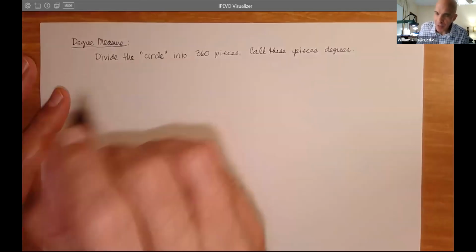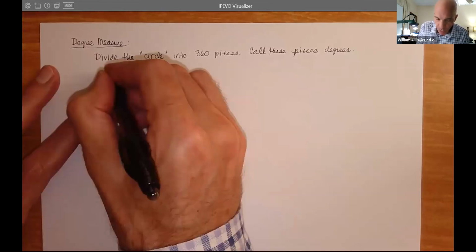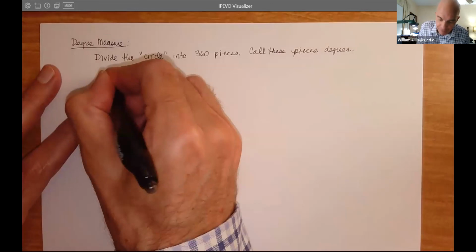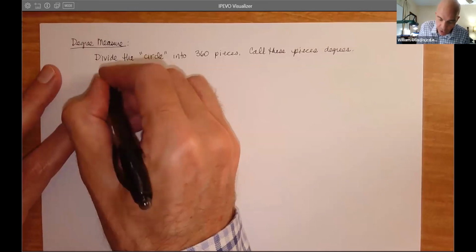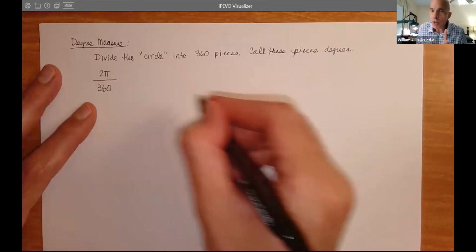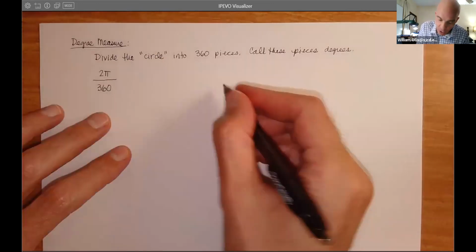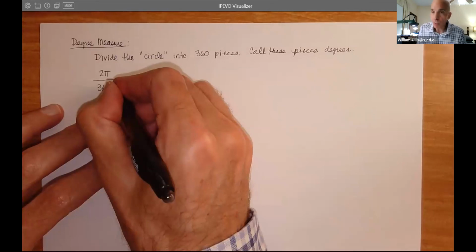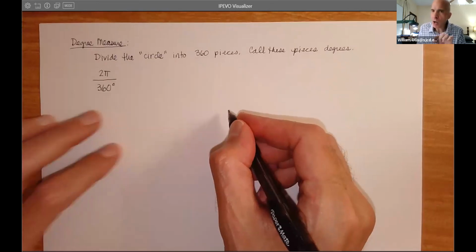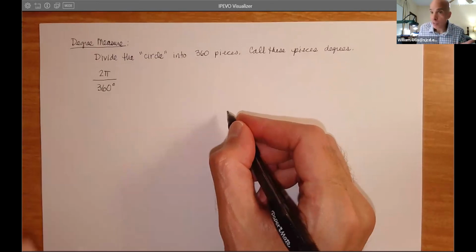So what we're going to think of is that 2 pi radians will correspond to 360. And the normal notation for a degree is a superscript little o. It's not really a 0, it's just a little o. Who knows why? It's standard.